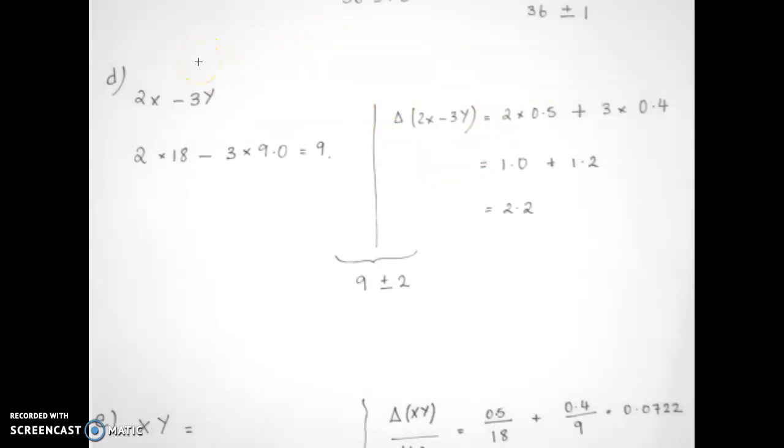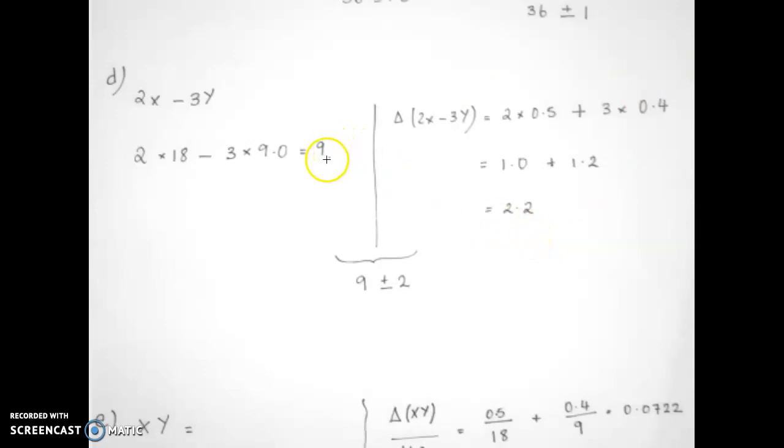Now the first thing you have to do is the calculation. So 2 times 18 minus 3 times 9 will give you 9. So that's your actual value, that would be 2x minus 3y. Our uncertainty would be 2 times 0.5, the constant times the uncertainty in x, plus 3 times 0.4, the constant times the uncertainty in y, which gives us an answer of 2.2.